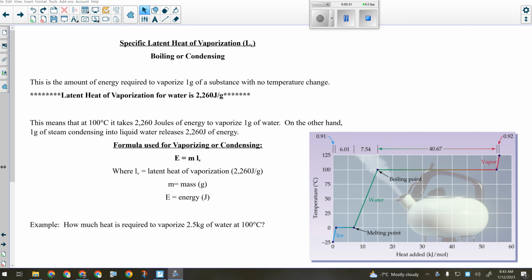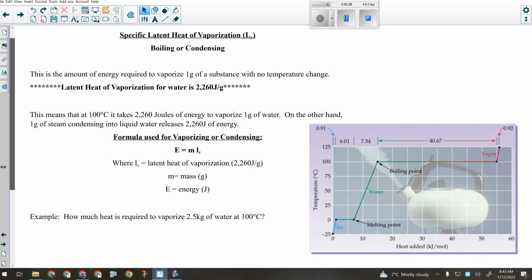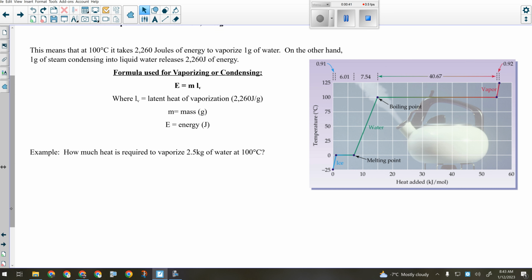So that's what we were talking about, and then we looked at what formulas we would use on the different parts of the graph, and that's where we finished off yesterday, talking about what parts of the graph involve a change in kinetic energy and thus use E equals mc delta T, and which parts use E equals mLF or mLV, because they're changing the potential thermal energy.